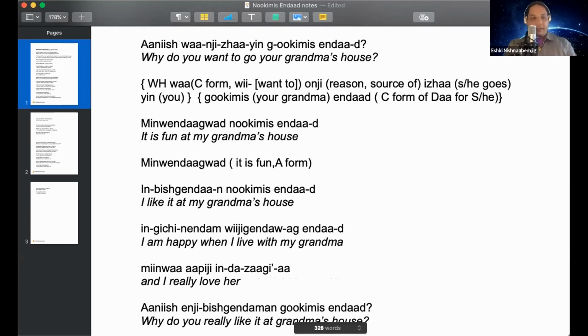Minwen Dogwit. It's fun. Minwen Dogwit, it's fun, and that's in the A form, so nothing happened to that one. And then Nokomis N dot again.